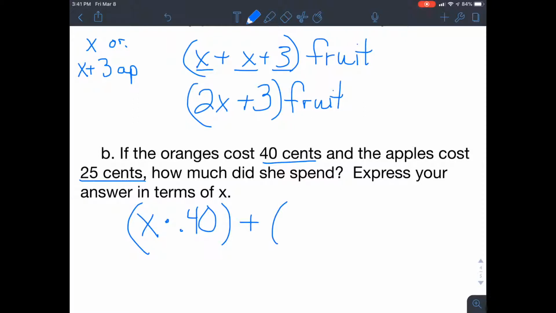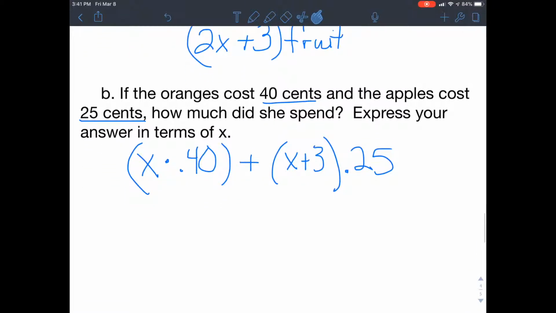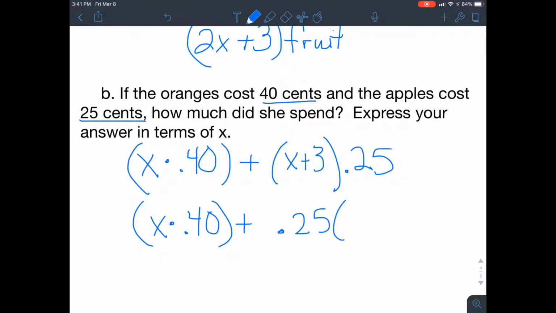Well, I have to do that X plus 3 multiplied by my 0.25. And usually we write that a little bit of a different way. Usually you'll see me write the 25 before that parenthesis. So that's what you're used to seeing.